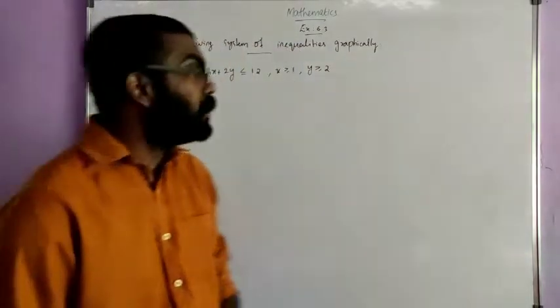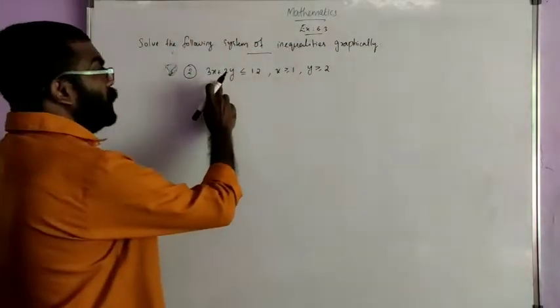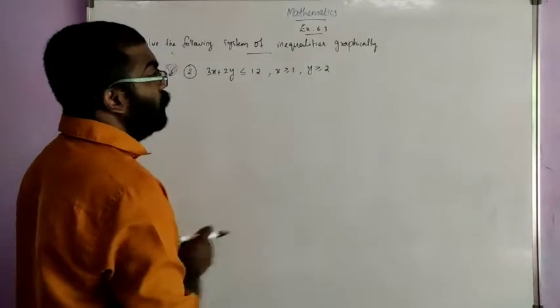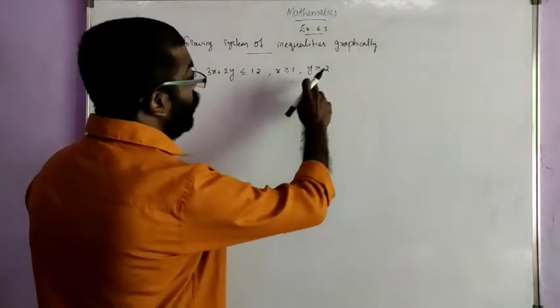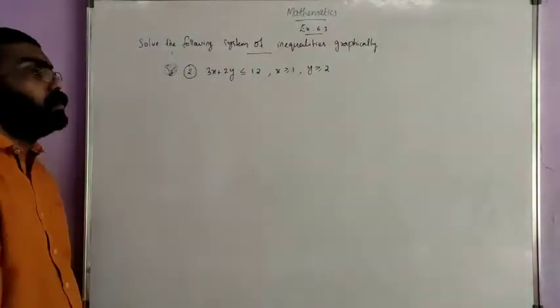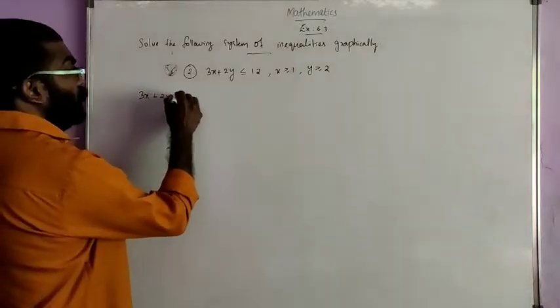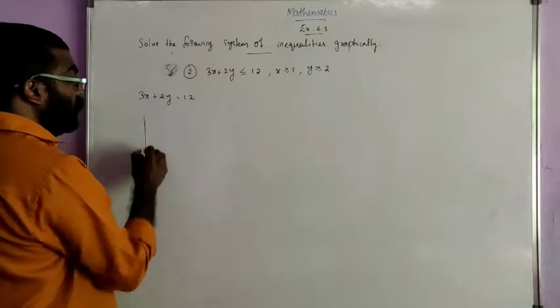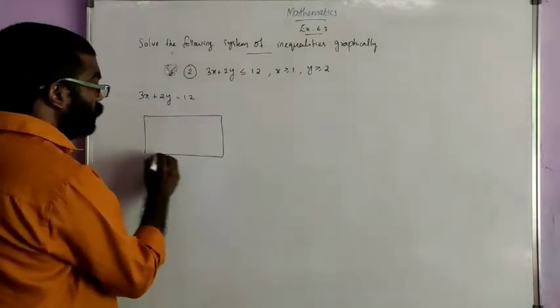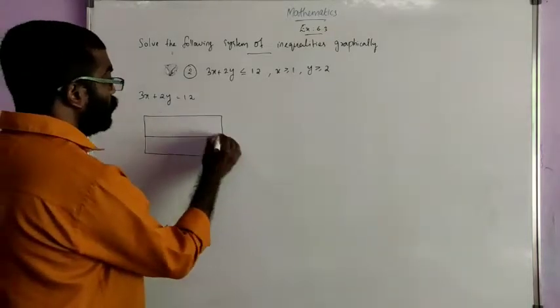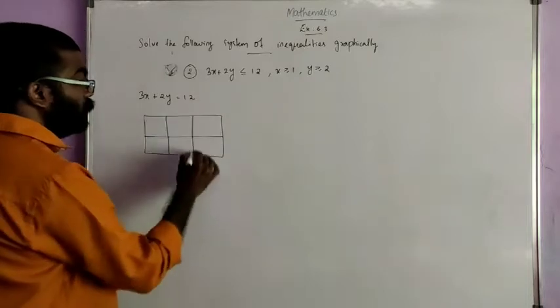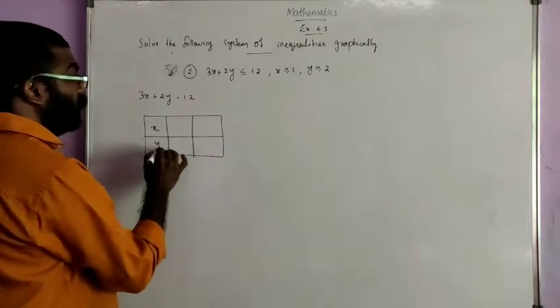Now the second question is 3x plus 2y less than or equal to 12, x greater than or equal to 1, y greater than or equal to 2. So first we can take 3x plus 2y is equal to 12. You can find 2 points, x and y.